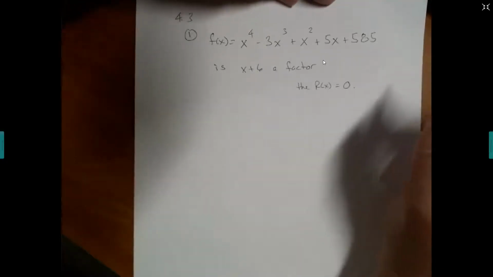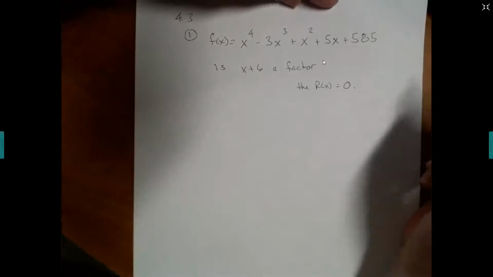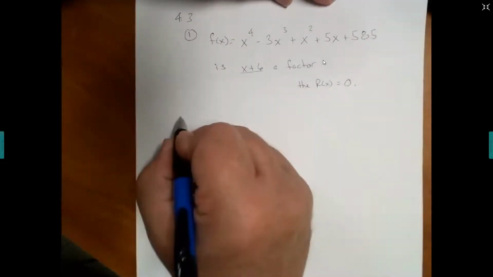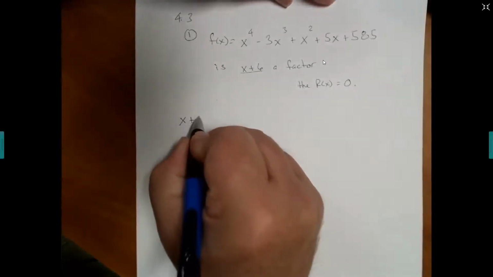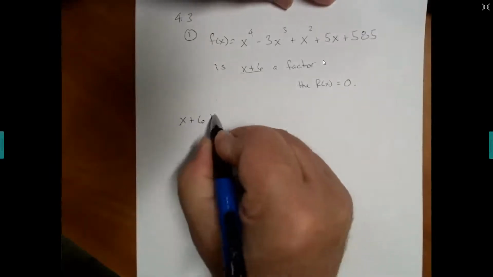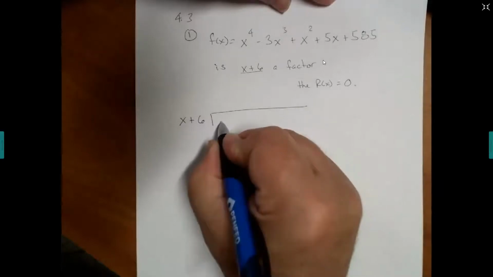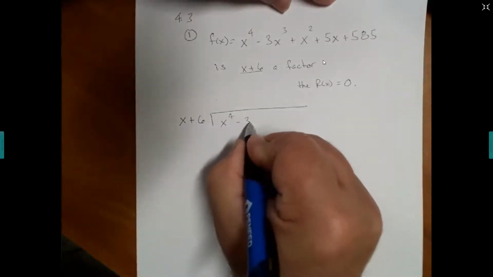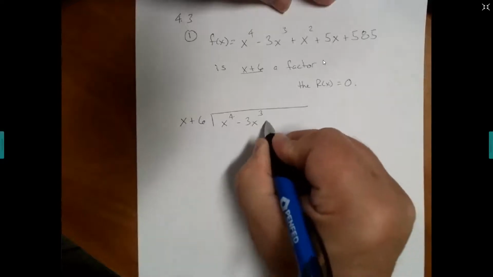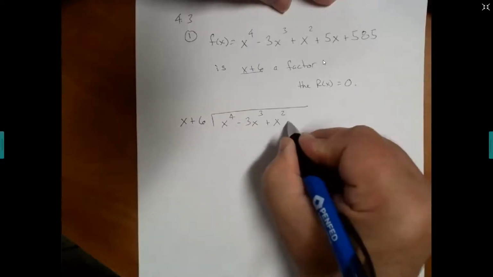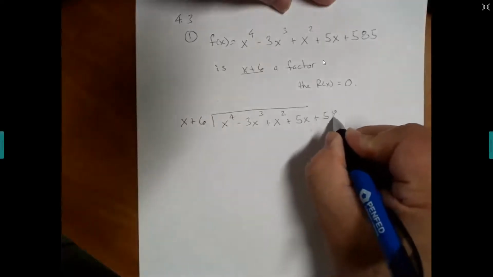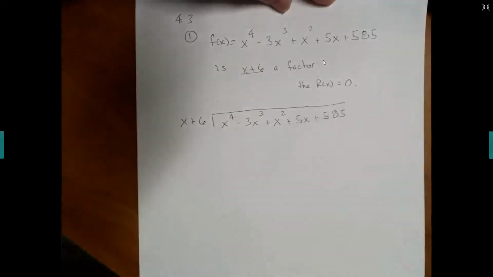So let's practice doing long division, and I'll show you synthetic division also while we're at it. So here's our denominator, x plus 6. Does it go into x to the 4th minus 3x cubed plus x squared plus 5x plus 585?